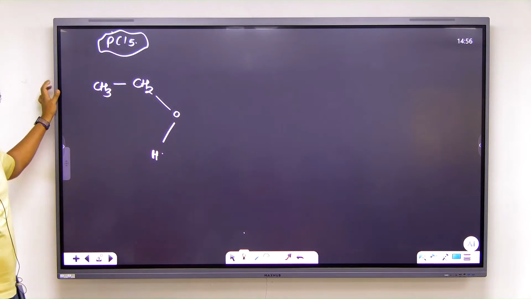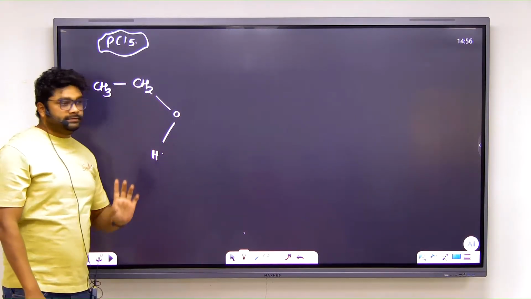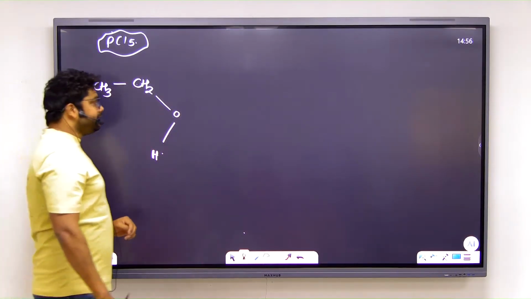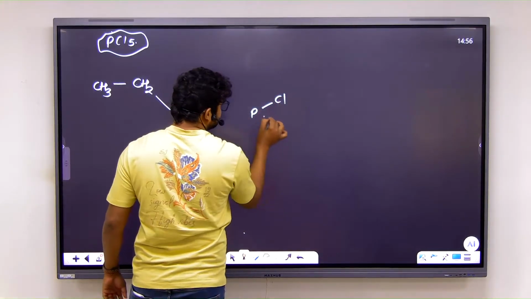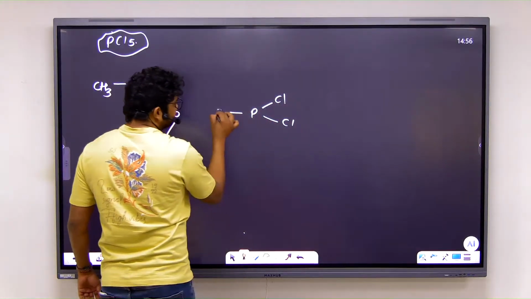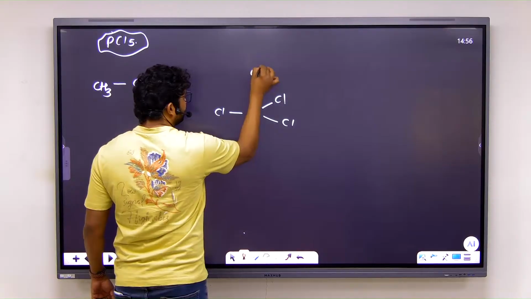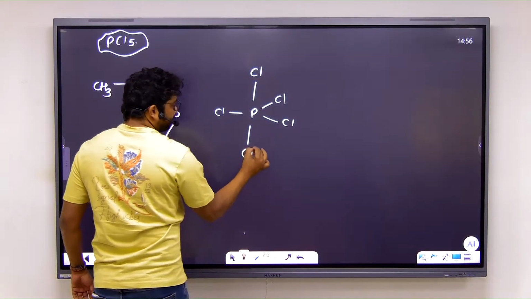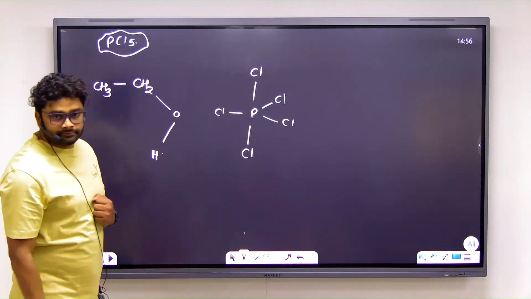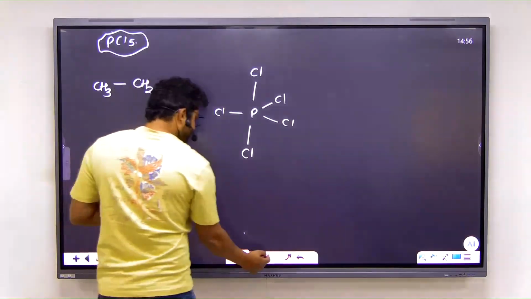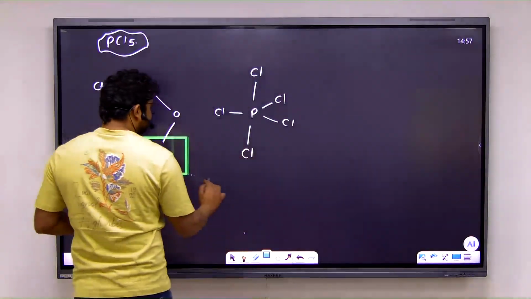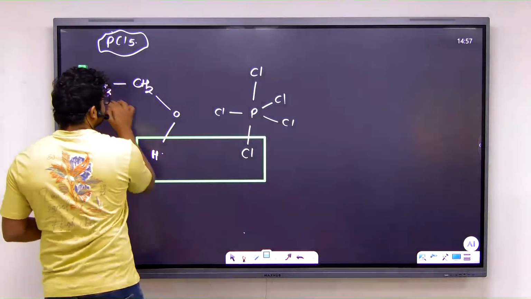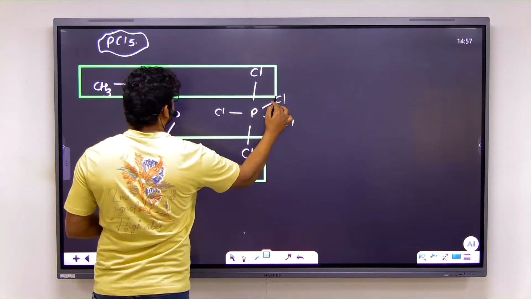Just try to understand. Then mention PCl5 like that: Cl1, Cl2, Cl3, Cl4, and Cl5. After that, the easiest way to understand is that you can eliminate this together.